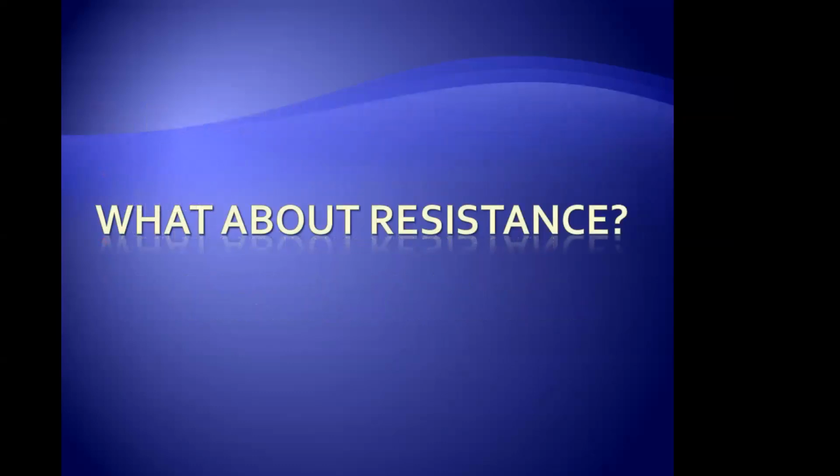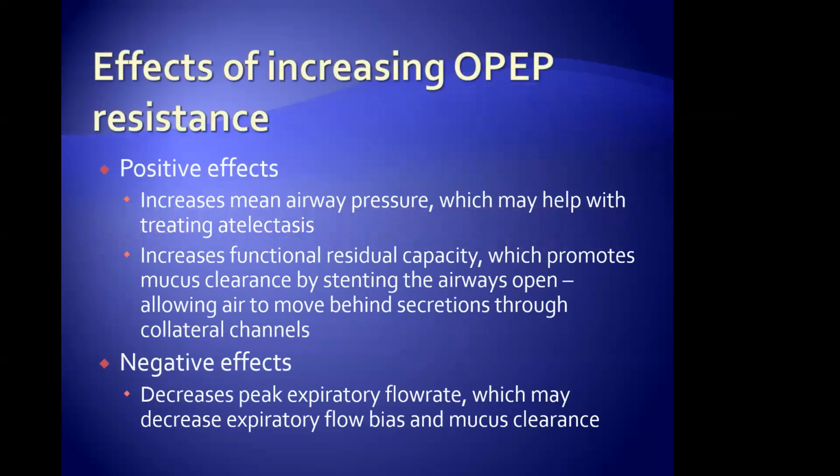Oh, what about resistance? Again, there's the resistance. On all of our OPEP devices, no matter who the manufacturer is, there's a little slide or dial that I can use to increase the resistance, so I'm adding that back pressure.